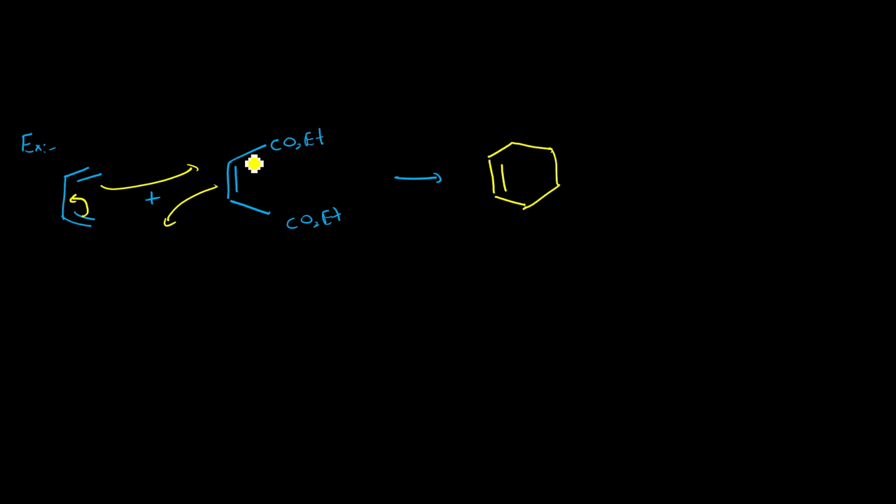Now you can see this is in cis formation. So your two CO2Et groups should be on the same side. So here I have drawn CO2Et like this. Always remember, you have to indicate the stereochemistry, or this one.